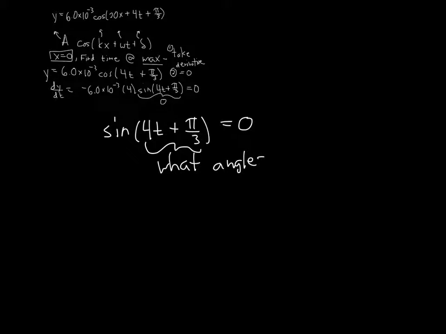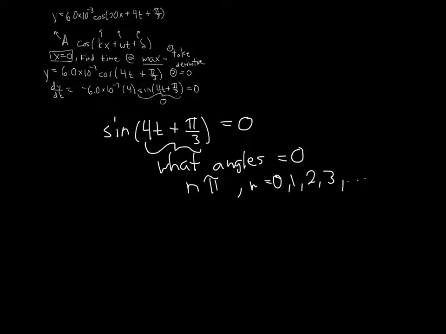It turns out that the sine of an angle is equal to 0 whenever this angle is equal to some multiple of pi, n times pi, where n can be equal to 0 or 1 or 2 or 3, so on and so forth.